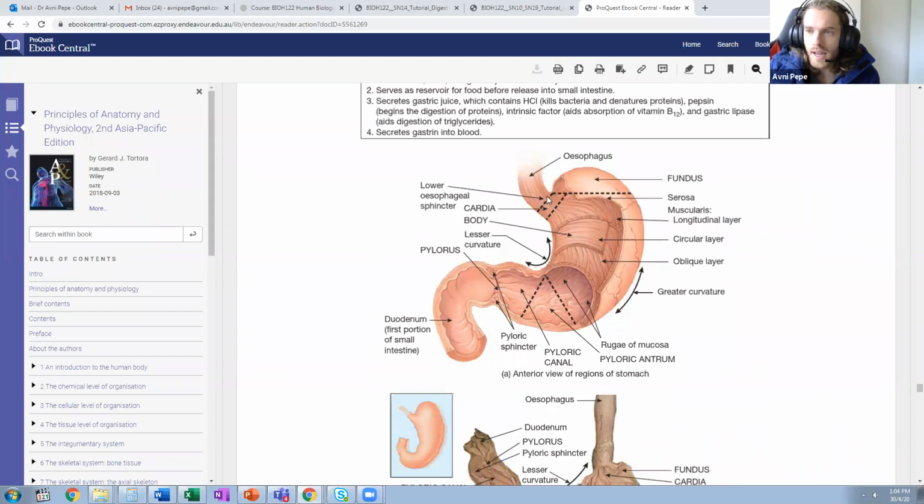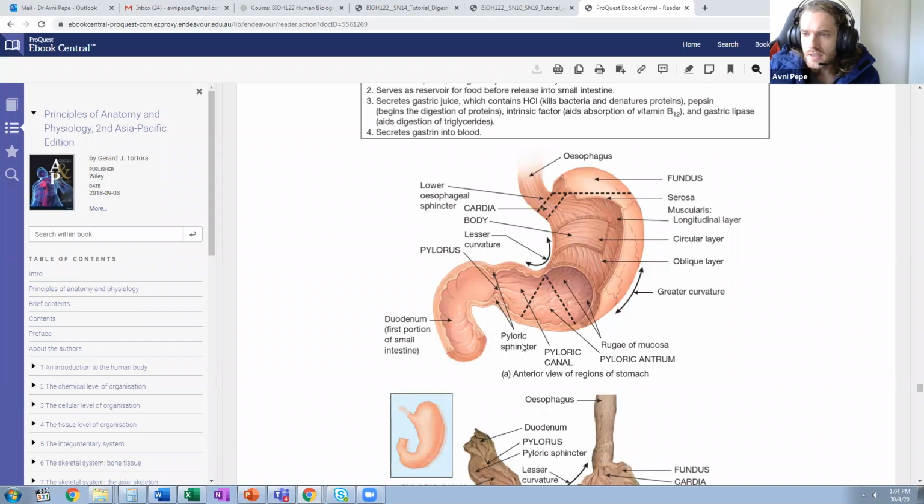There are medications that people can take if they are suffering from heartburn, to either neutralize the acidity of the stomach, or to alter the contractions so that we don't get that happening. But the lower esophageal sphincter will usually close and prevent the gastric acid from going up into the esophagus and causing damage.